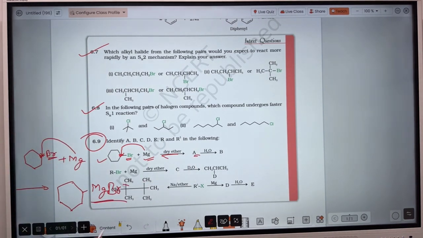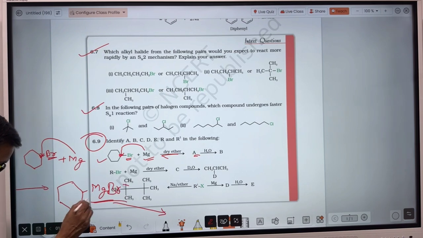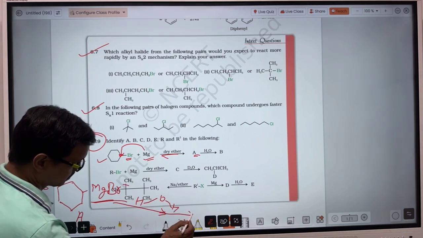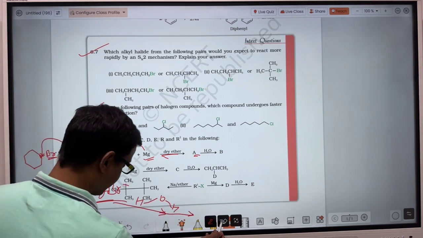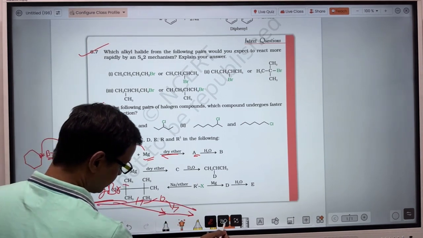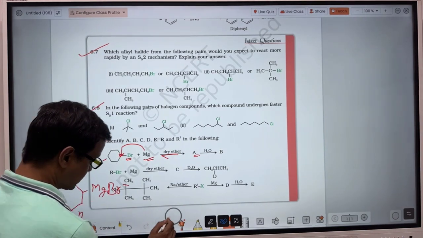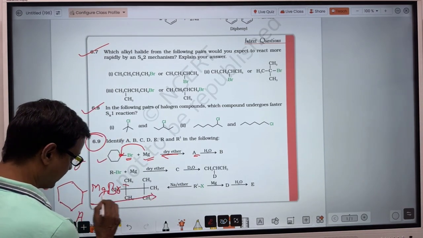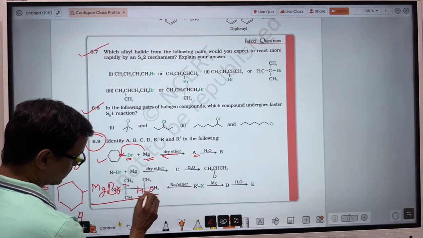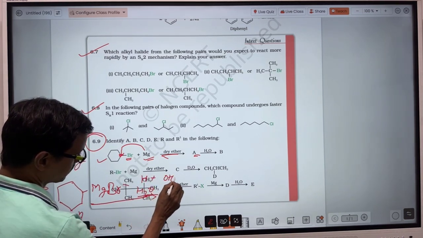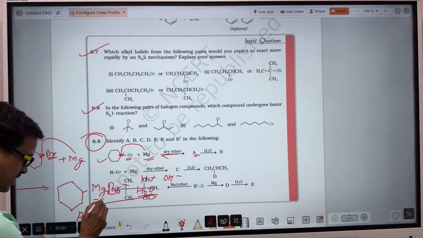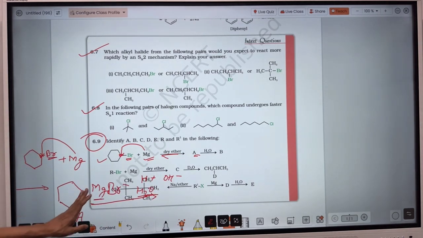Now that has been treated with water. So what will B be? Water contains H plus and OH minus ions. When this compound is treated with water, the water dissociates into H plus and OH minus, and magnesium is a metal.